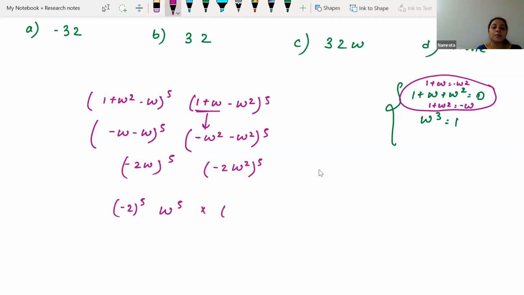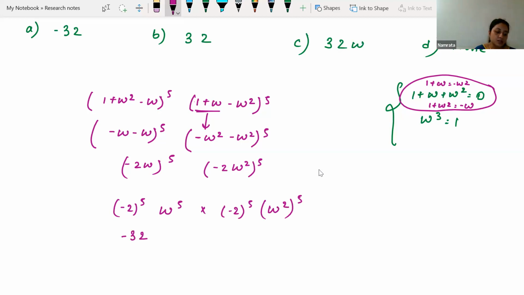Here minus 1 will take power 5 and omega square will take power 5. Now minus 1 to the power 5 will be what? Minus 1.